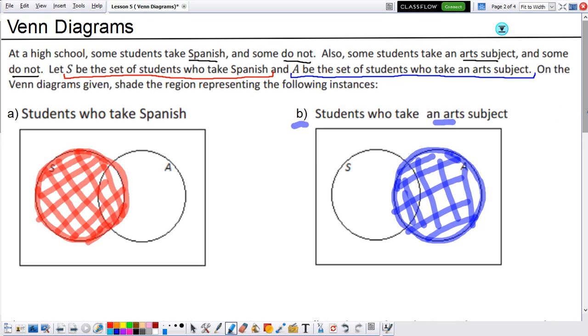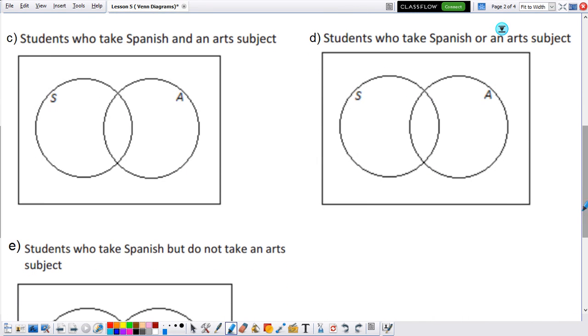Now let's look at example C. Notice here that in example C, we want those students who take Spanish and also take an art subject.